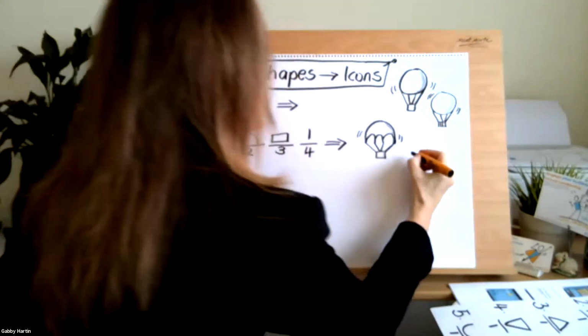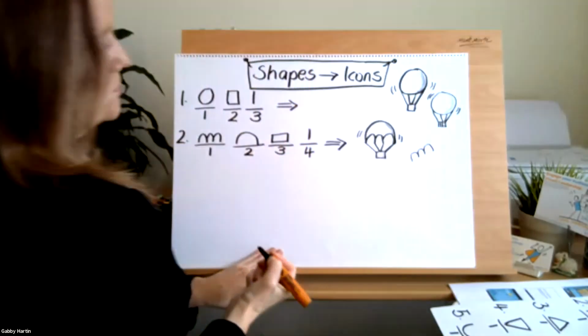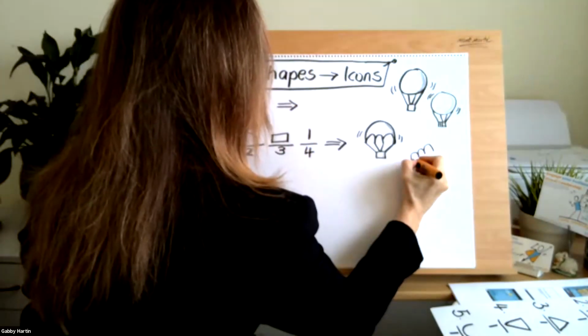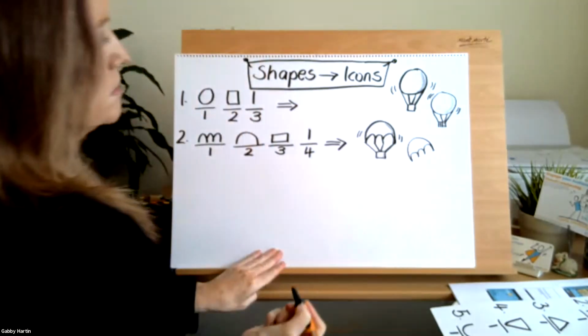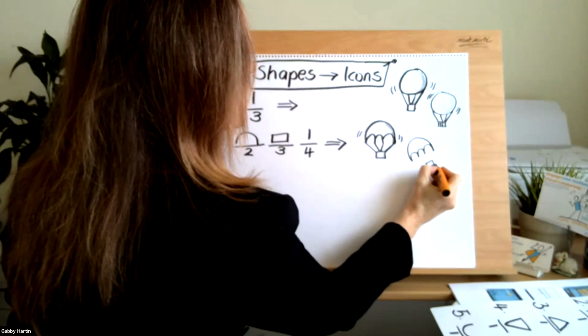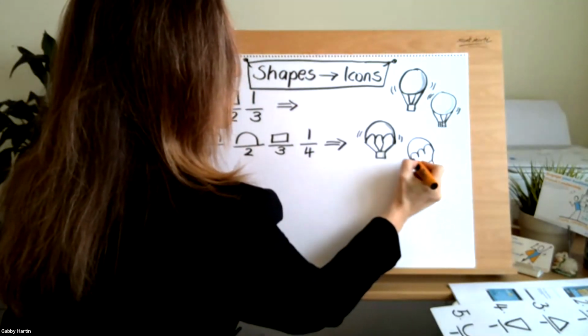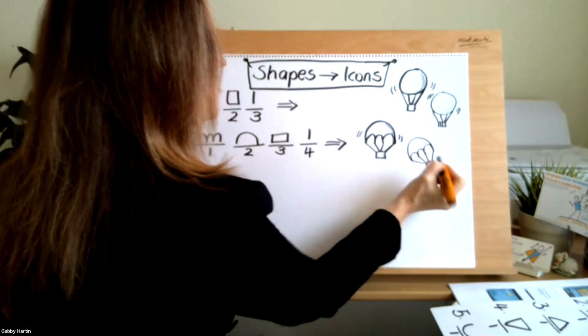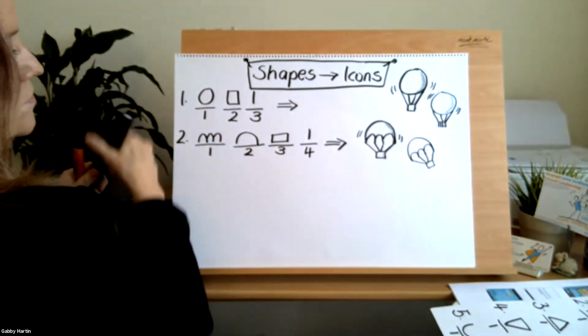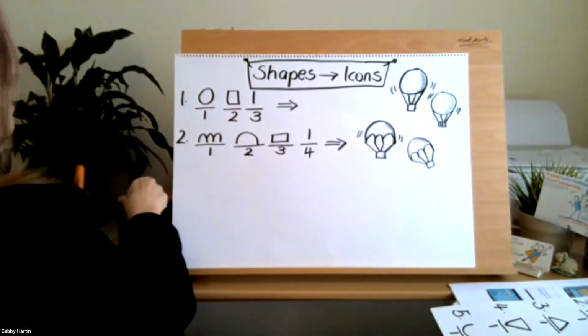So still start with our M's. 1, 2, 3, semicircle, rectangle, and then our lines. 1, 2, 3, 4. Shadowing goes in there.